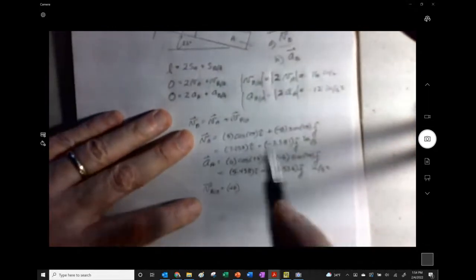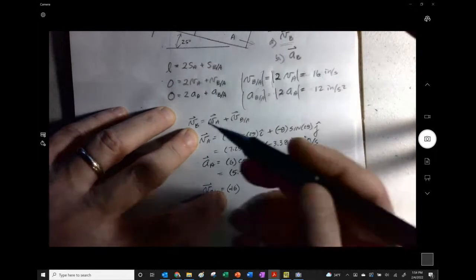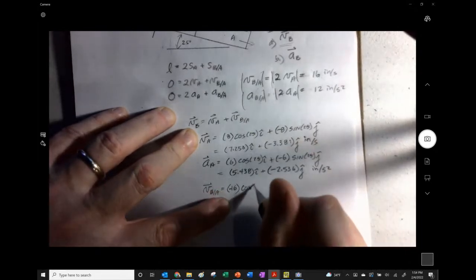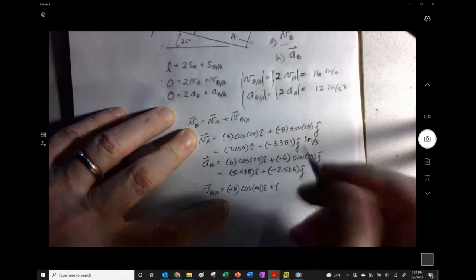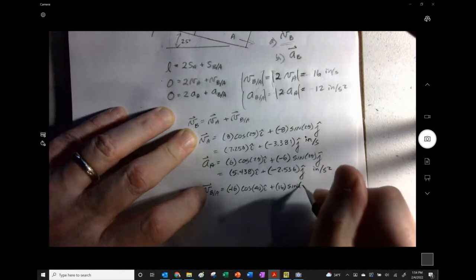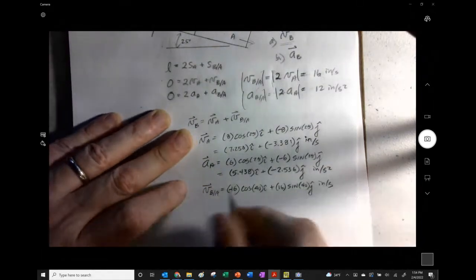And the sign convention might coincidentally be the same thing, but I'm basing that negative on it going to the left, and I'm going to take my cosine of 40, but it's going up, so now it's going to be positive 16 sine of 40j. That's my inches per second.